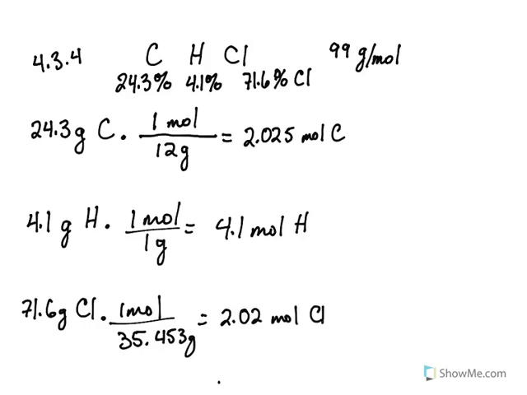Now, if you go back and look at your calculator and all of the decimal points I've rounded, the chlorine is smaller than the carbon. Not that it's going to matter a great deal in the long run in this problem.